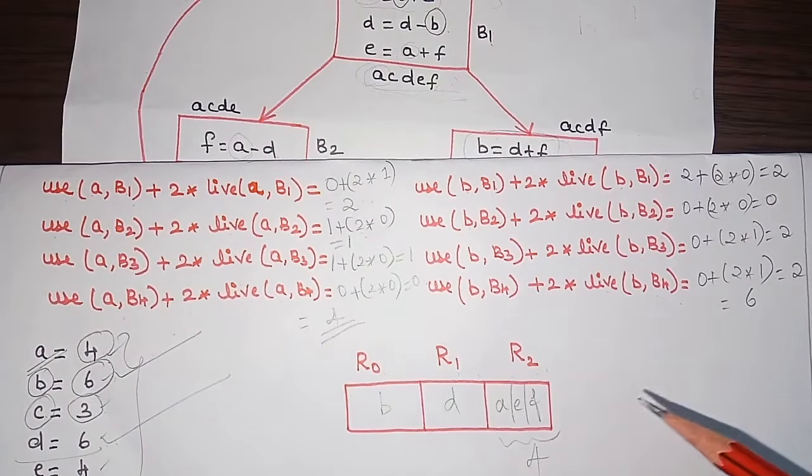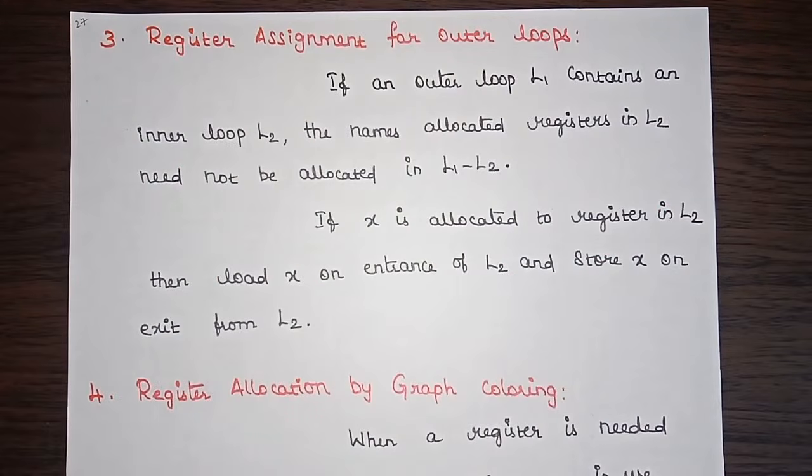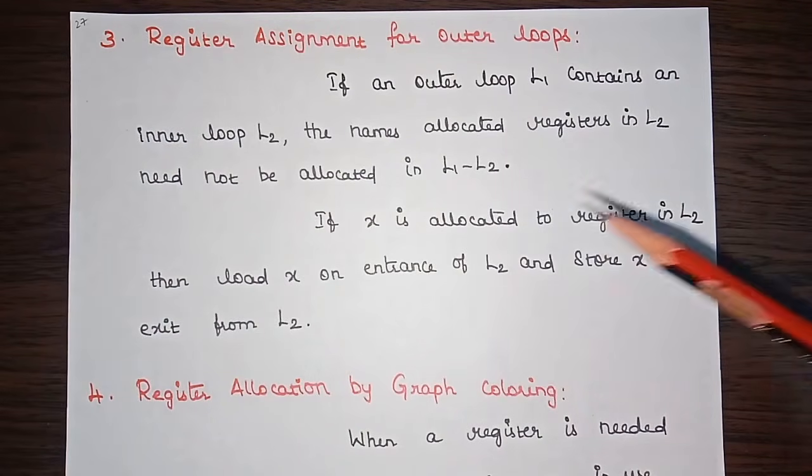So this is how we can calculate the usage count of a register, and we can allocate the registers for the variables in an efficient way. Then next is the register assignment for outer loops. The previous example is actually for an inner loop. We have seen the flow graph for an inner loop, and in the same way we can assign registers for outer loops, that is, we may apply the same idea to the enclosing loops also.